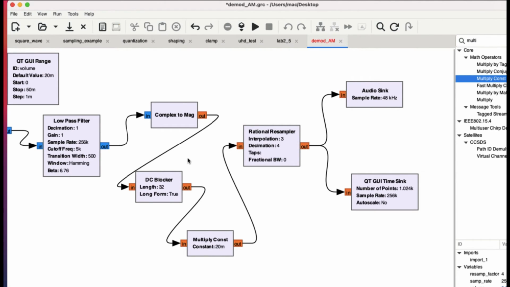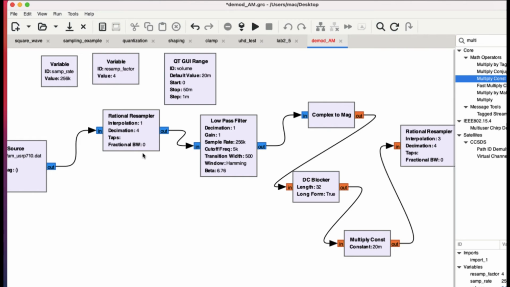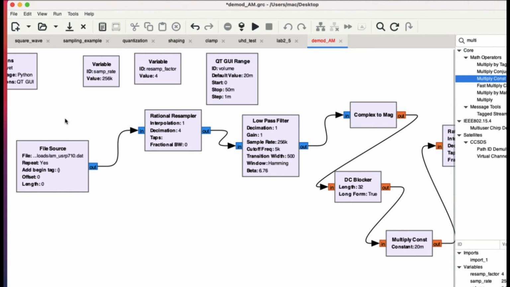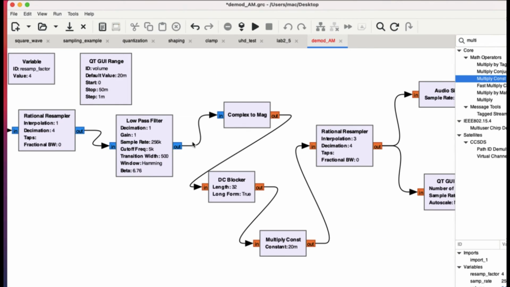Let me just walk you through what's going on one more time. I have a source, and the sample rate is interpolated by 1 and decimated by 4. The actual sample rate was 256 kilohertz, so when it went inside your low pass filter, it went down by 4. The samples coming out from here are 64 kilosamples per second, because you had 256 coming in and it went down 4 times.